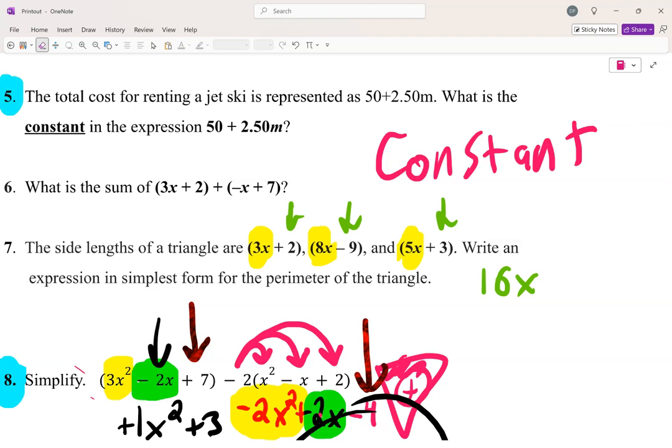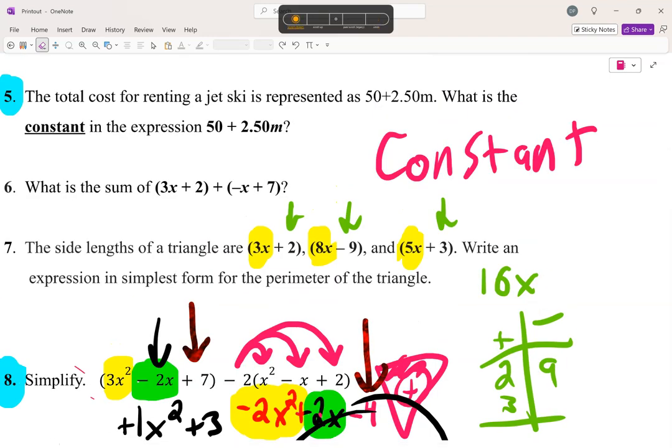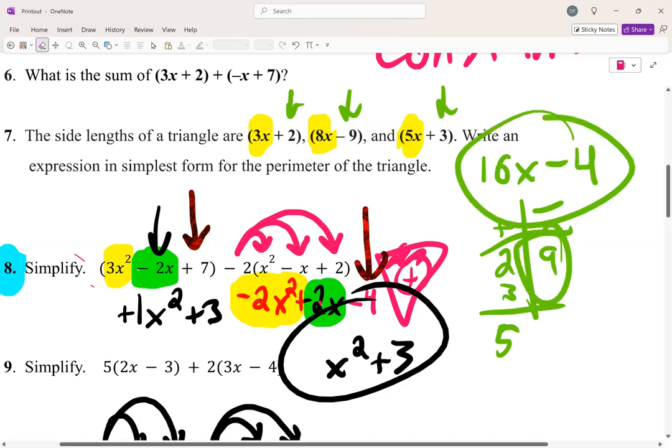Is that right? And then negative, you can probably do this in your head, but 2, bad guys, good guy. Okay, bad guys win by 4, right? Bad guys won the game by 4 points. You could factor that, but you don't have to factor it, even if it's the simplest form.